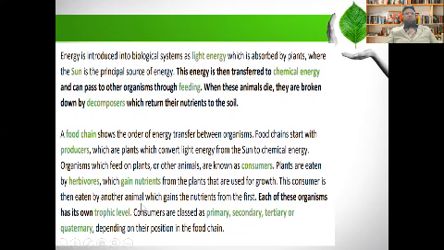This consumer is then eaten by another animal which gains the nutrients from the first. Each of these organisms has its own trophic level. Consumers are classed as primary, secondary, tertiary, and quaternary, depending on their position in the food chain.